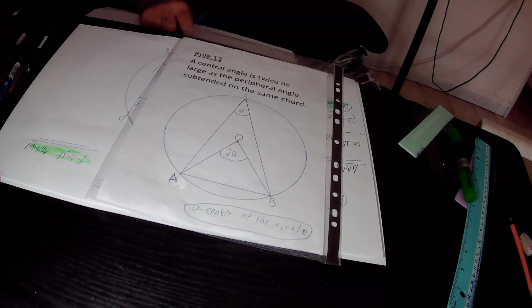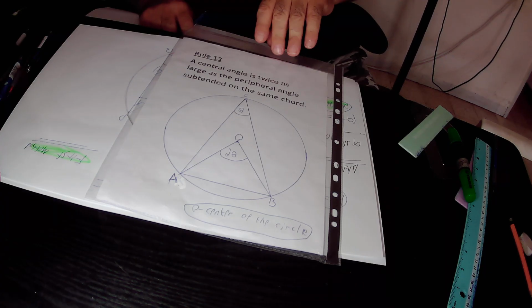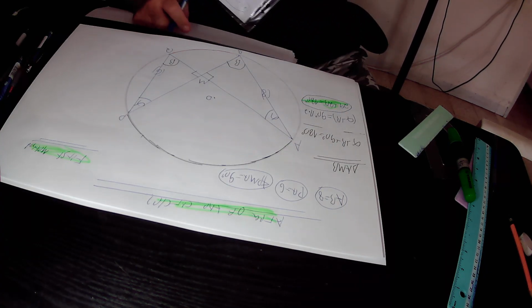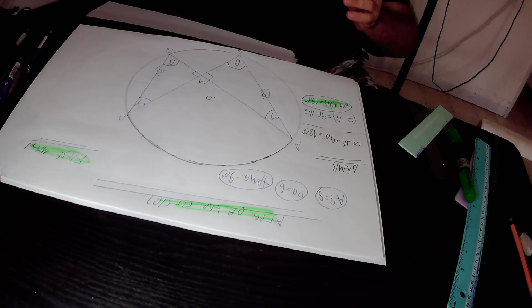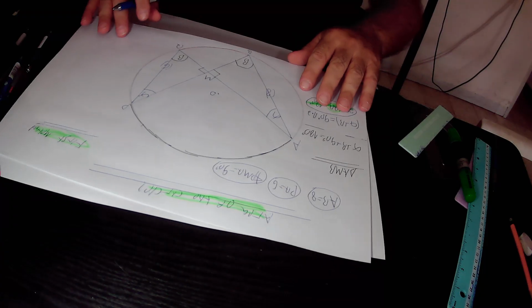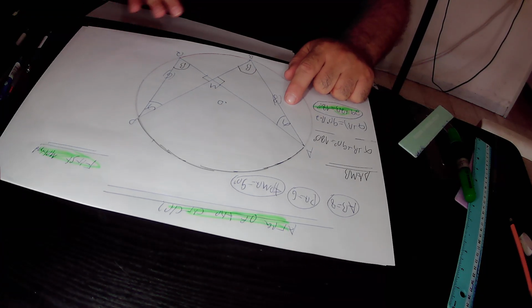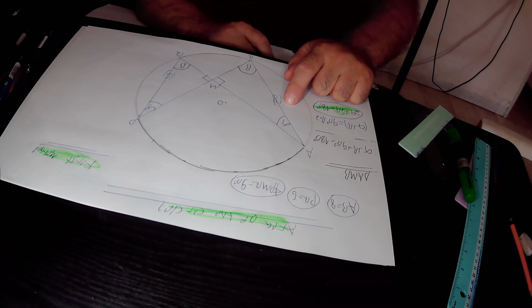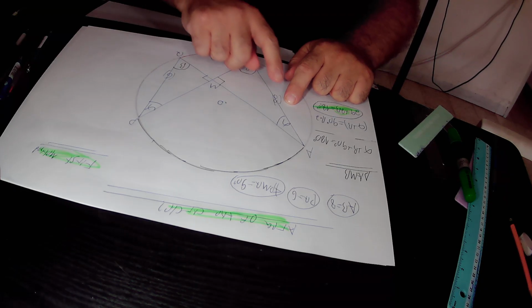The size of the center angle is twice as large as the size of a peripheral angle that subtends the same arc. We can implement rule 13 in our drawing. We will create a peripheral angle that subtends arc BP.